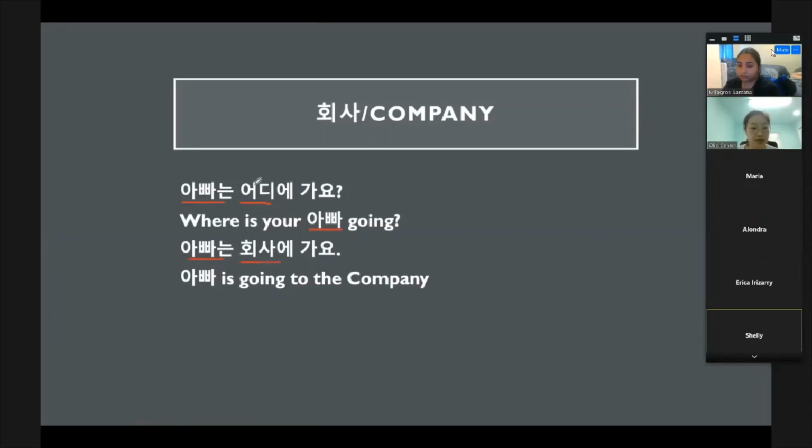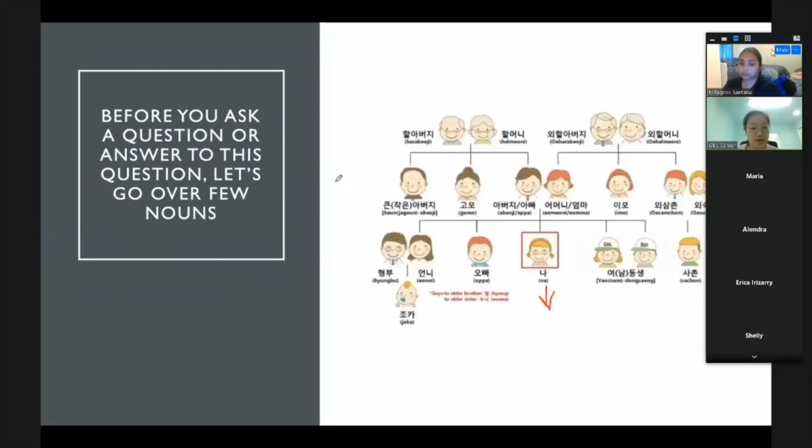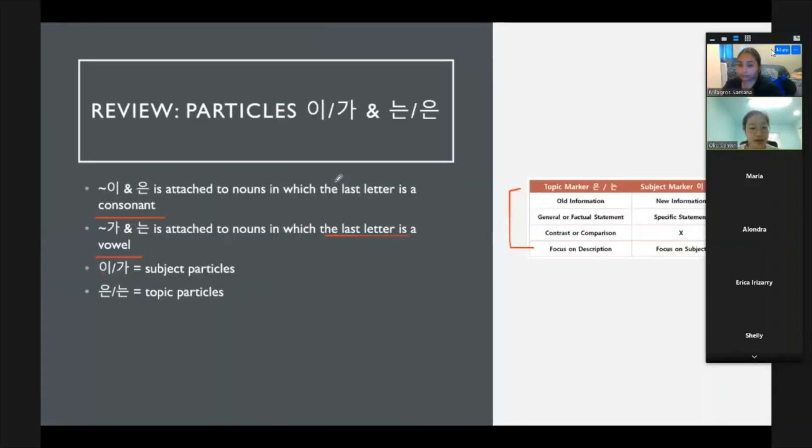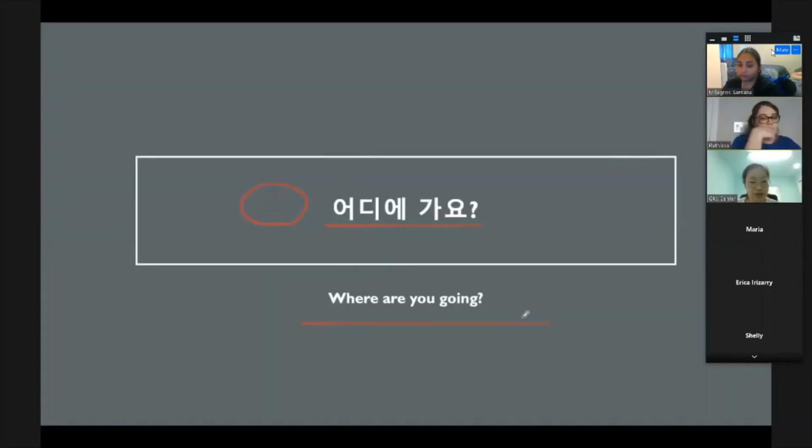Perfect. So first we mentioned this one. It just means where you're going. To be specific, you can add the specific person here with the topic particle or subject particle, depending on the situation.